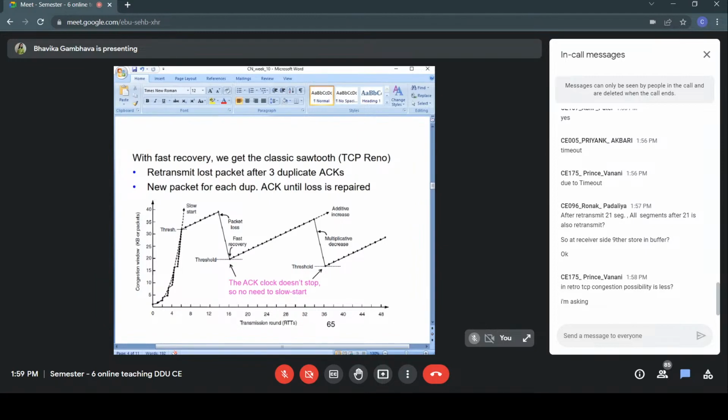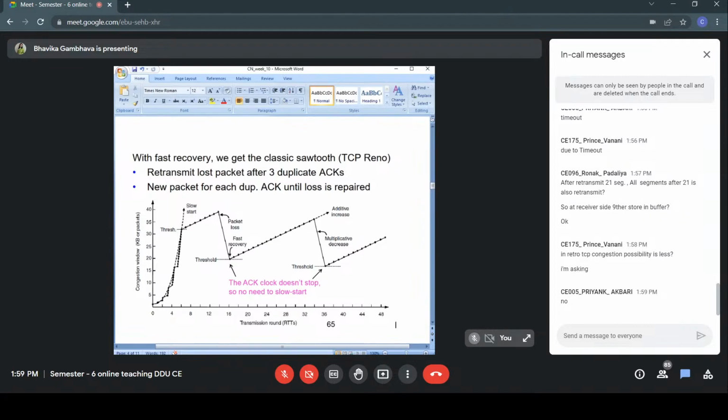Okay, would anyone like to answer this? Prince is asking whether there is a possibility of less congestion in case of Reno TCP. What about others? What do you think?